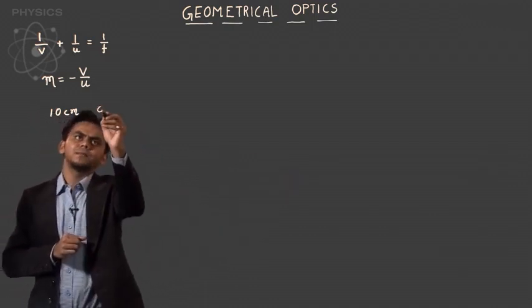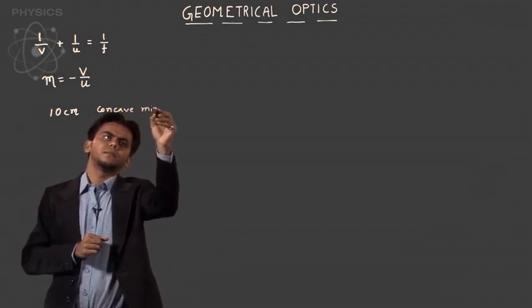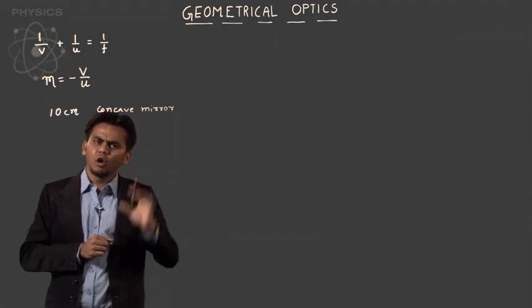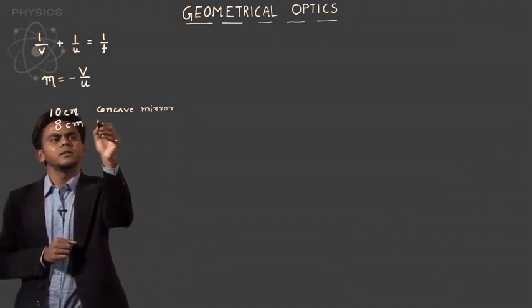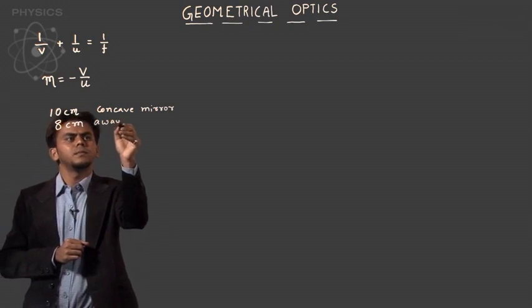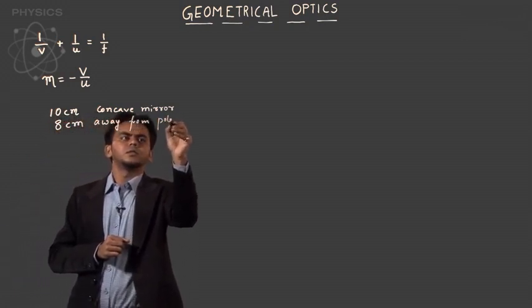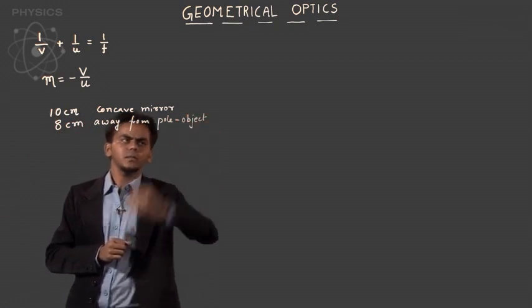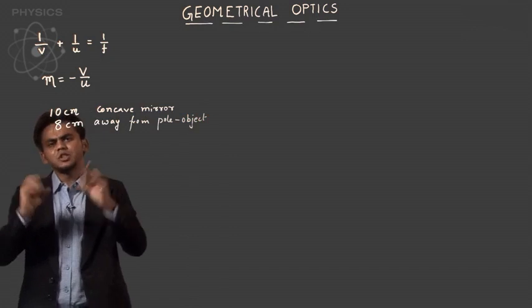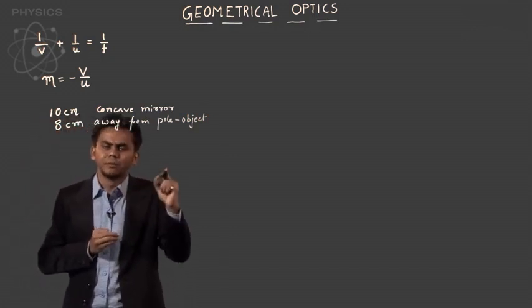So the focal length is 10 centimeter. This is a concave mirror, and my object is kept 8 centimeter away from the pole. This is your object. So where would the image be formed and what would be the nature of the image?